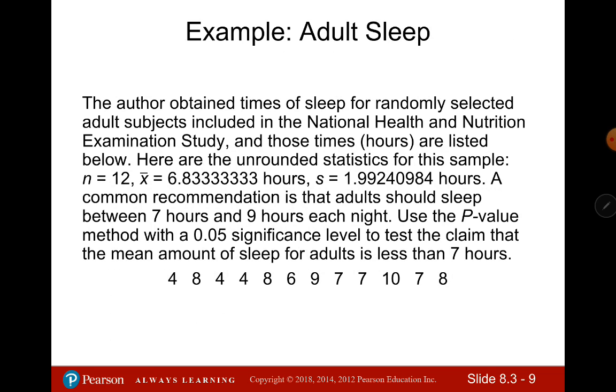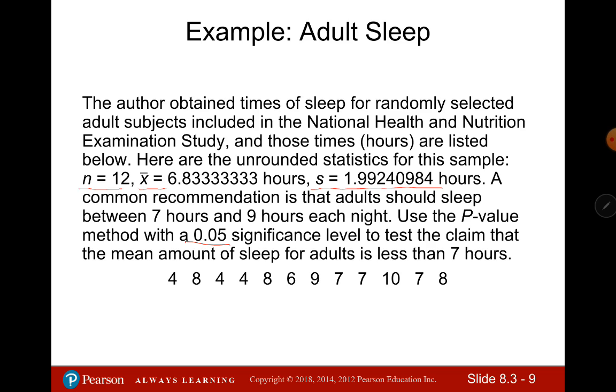So let's check the example. In this case, we have several pieces of useful information. We know the sample size, n is equal to 12. So we only have 12 values in our sample. We also know the x bar. How can we get the x bar? We add up all these 12 values, then divide by 12. That's how we get the x bar.